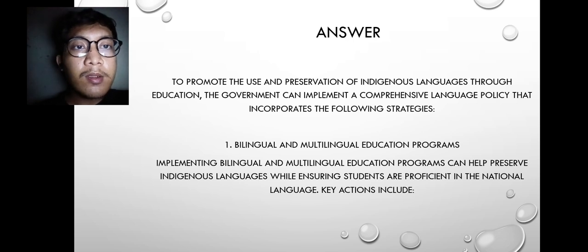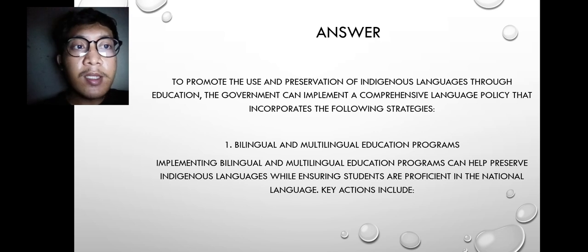First, bilingual and multilingual education programs. Implementing bilingual and multilingual education programs can help preserve indigenous languages while ensuring students are proficient in the national language.